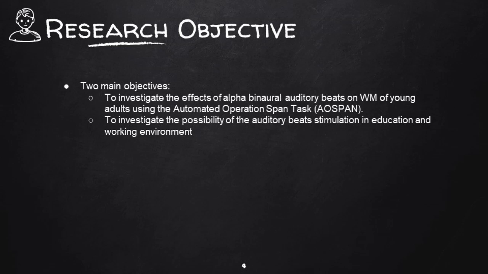Based on the above mentioned, these studies have provided explanation that alpha brainwaves can be trained and increased to better the specific cognitive domain. Furthermore, it is also of interest to investigate the possibility of the auditory beat stimulation in education and working environment, as there is still opportunity in applying this technology in real-life situations which can directly benefit the community.